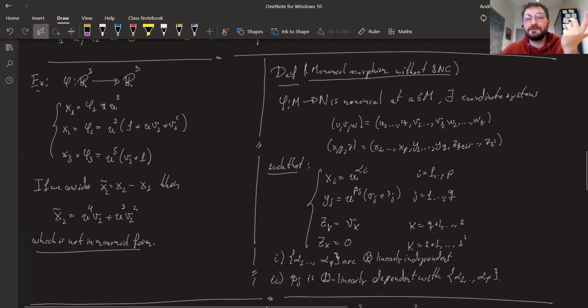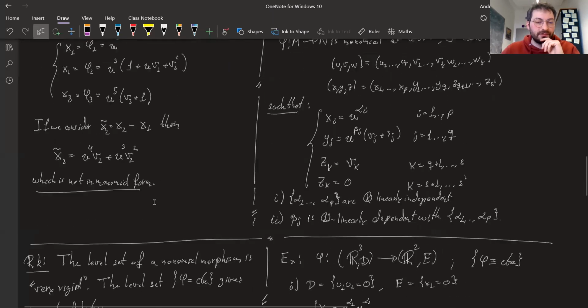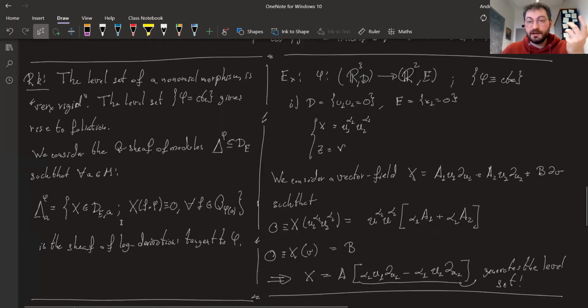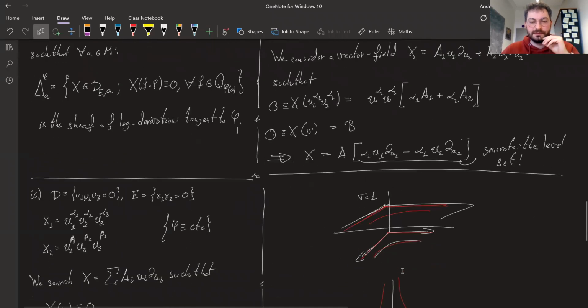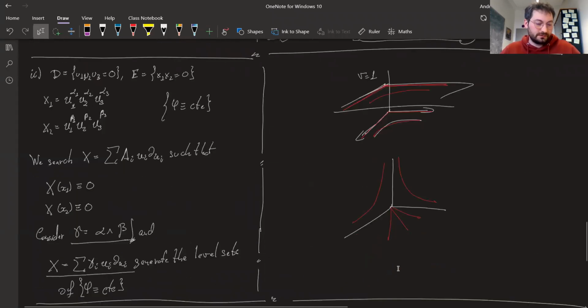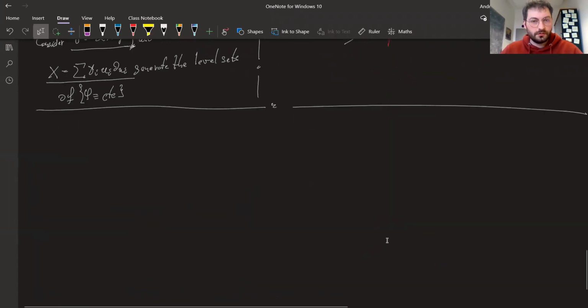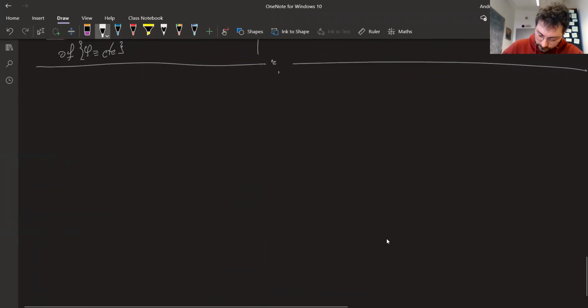So this is not going to be monomial because the level sets are not going to be good. And when I say that the level sets are strict, we talked about these two examples where we saw that the level sets were given by this vector field, which is linear, but this is actually a more general result. Now I just give it to you, the following one.